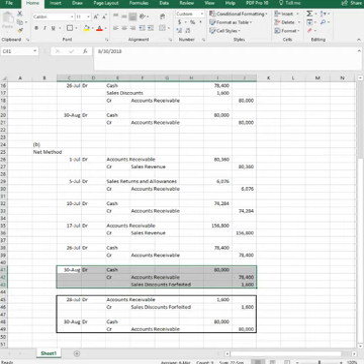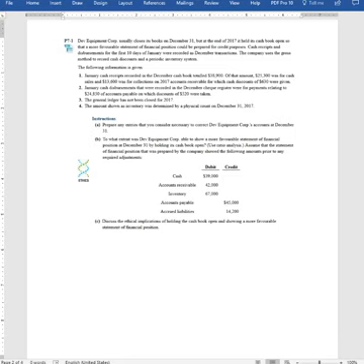Let's move along then to the next question, which we have here, problem 7-1. And the instructions, first of all, say prepare any entries that you consider necessary to correct their accounts at December 31st. And then to what extent was the corporation able to show a more favorable statement of financial position?